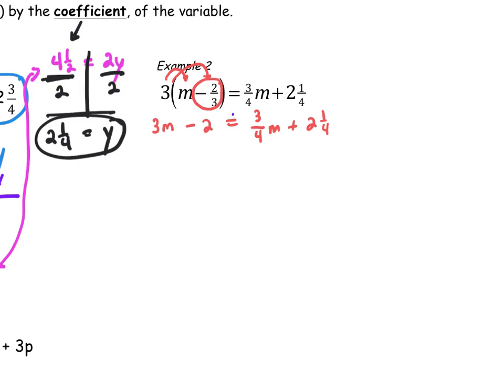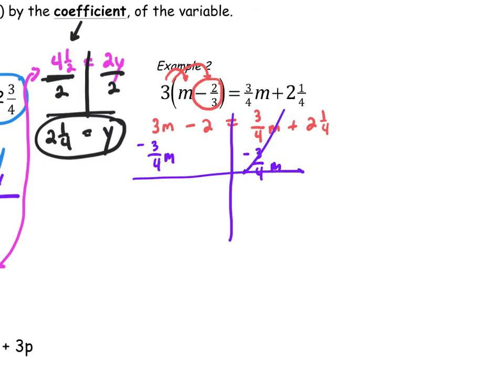We're going to build our wall, and then we're going to look and see if we have variables on both sides, which we do. And so this would be considered the least or the weakest of the variables. So we're going to eliminate it by subtracting 3/4 m on both sides. So I'm going to take away 3/4 m, and then I'm going to take away 3/4 m.